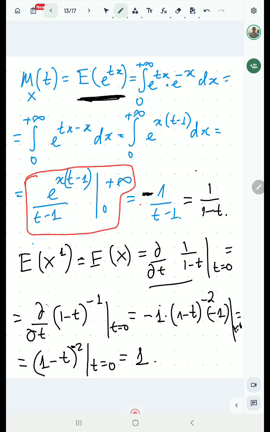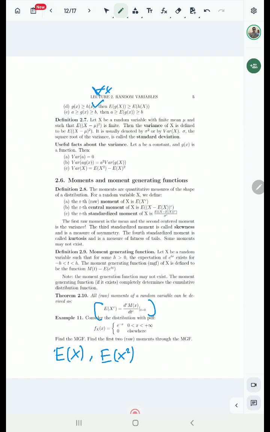Now let's move to the next question. So example 11, we have to find the first two raw moments through moment generating functions. The moment generating function is basically the expectation of e to the power tX, where t is some positive constant.